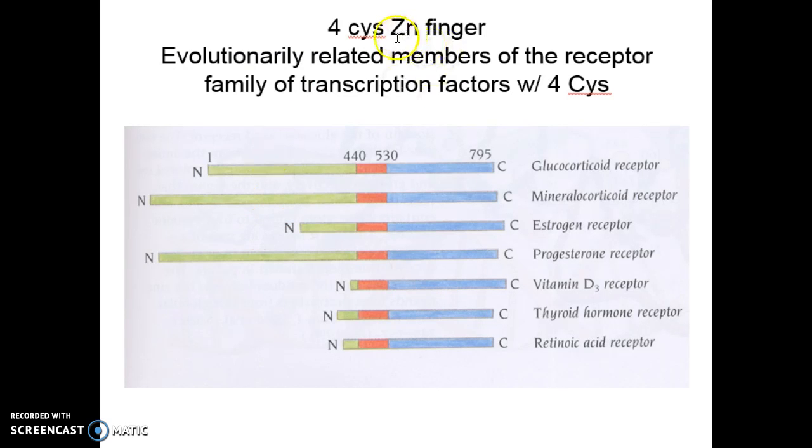A 4-cysteine zinc finger exists in the glucocorticoid receptor. The glucocorticoid receptor is a member of a family of transcription factors that include many hormone receptors shown here.